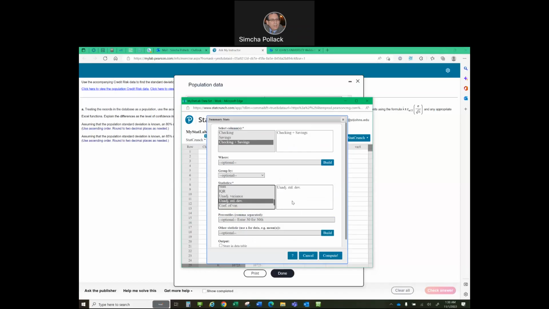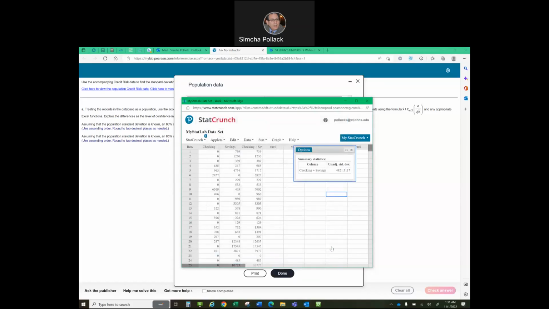N is the sample size minus 1 for technical reasons, which again I explain in the videos that I think you should watch in conjunction with these other demonstrations. But the population has an n. Now the truth is I can't believe this is going to make a difference, because it's such a large sample size, but let's compute it. And it comes out to 4821.31.